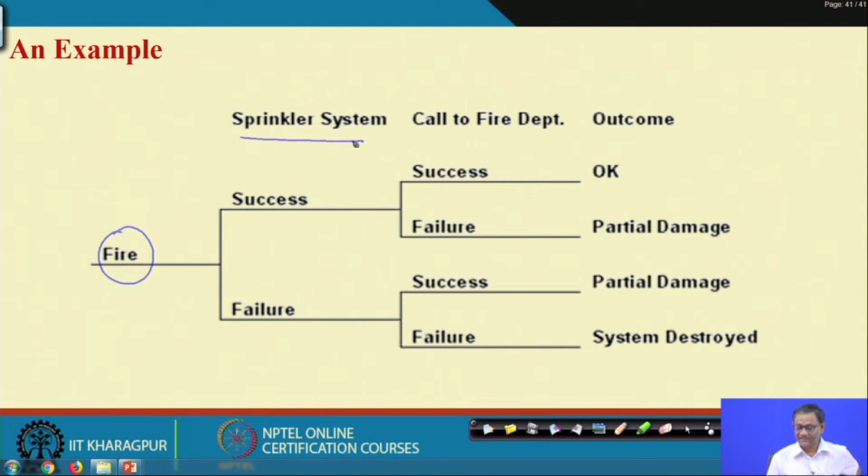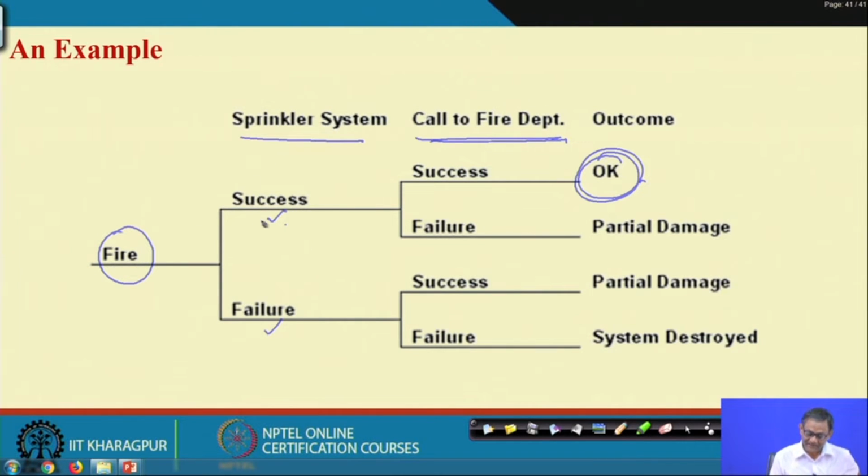There will be a sprinkler system, and the sprinkler system may be successful or failed. If the sprinkler system is successful, what will happen? You can call the fire department also, depending on the quantum of fire, and they will come and maybe be successful, and then the outcome is okay, meaning maybe minimal damage.